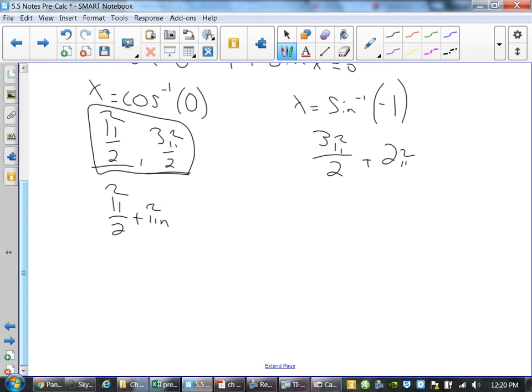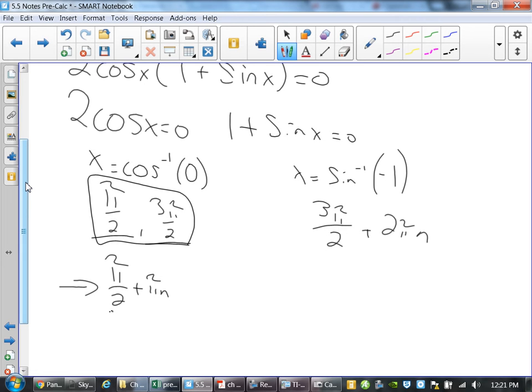Now, to be honest with you, you could probably get away with this being the most generalized, but you have to list them both, because if I just pick the pi over 2, that means pi over 2 would be a solution for this. But is it? No. That's why I have to be careful. They're not shared between both of them. Does that make sense?